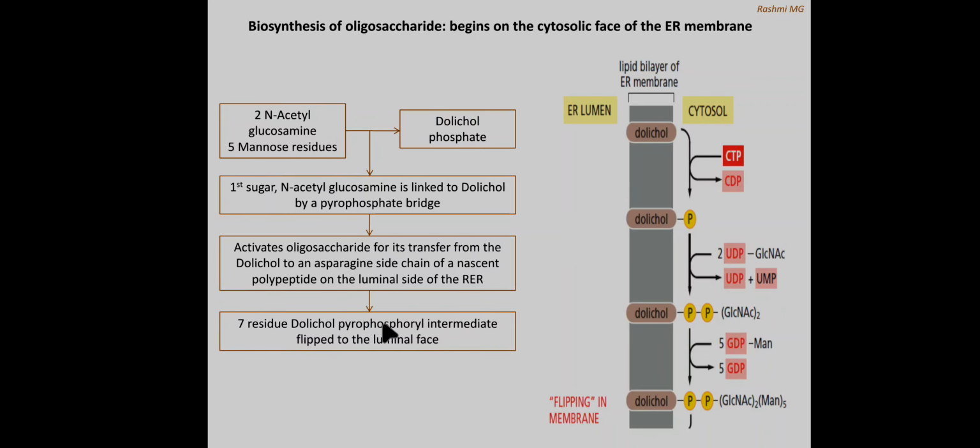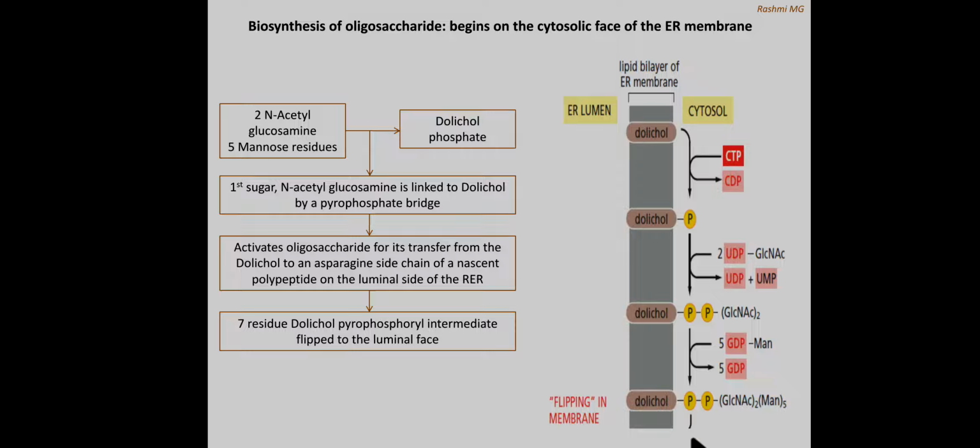Then the 7-residue dolichol pyrophosphoryl intermediate is flipped to the luminal phase. So the dolichol attaches through a pyrophosphate bridge. The N-acetylglucosamine plus 5 mannose residues is attached to the dolichol, and it is flipped to the luminal phase.